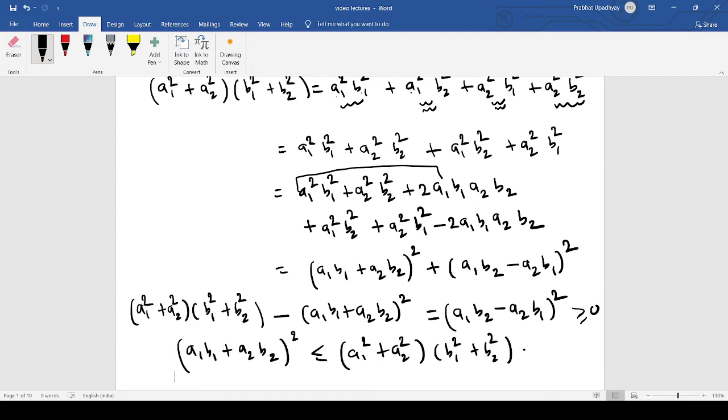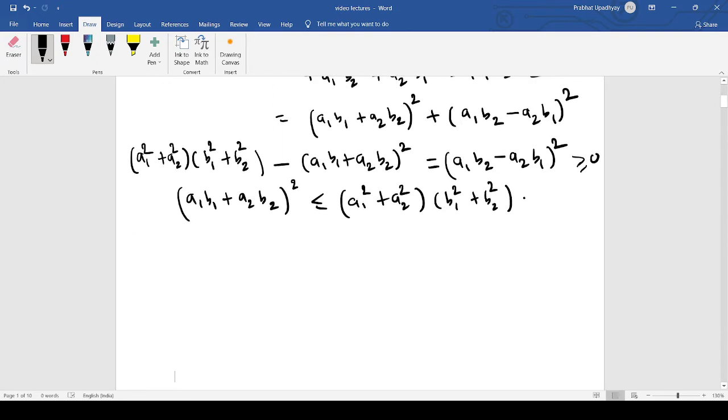So I considered two sequences of real numbers, one a1 a2 and second b1 b2, and I got this inequality. Now naturally, the next question I will ask: can I extend this idea to sequences of three real numbers?